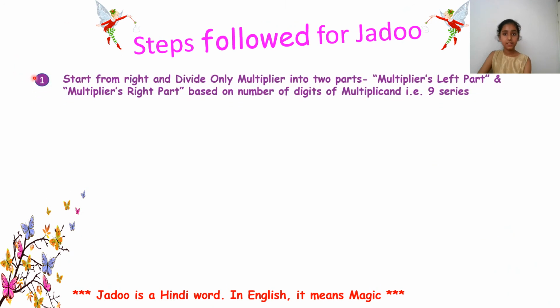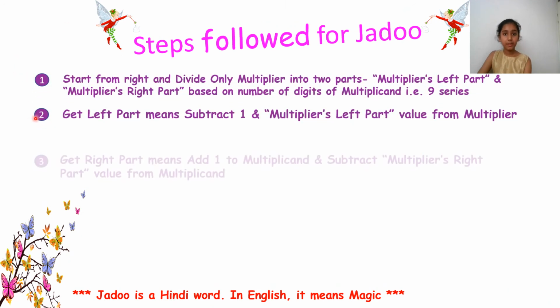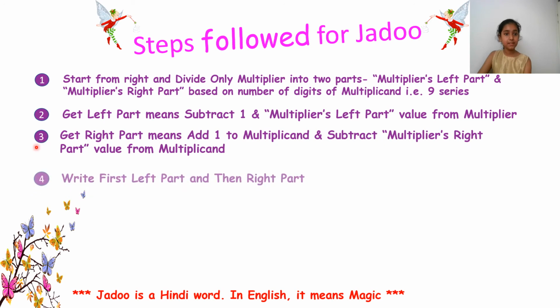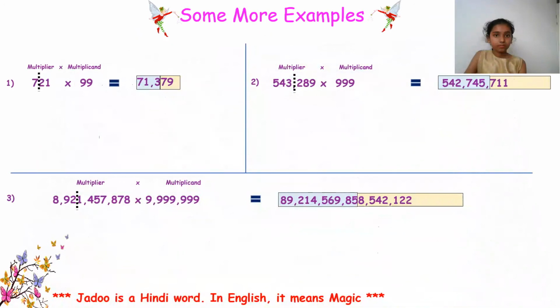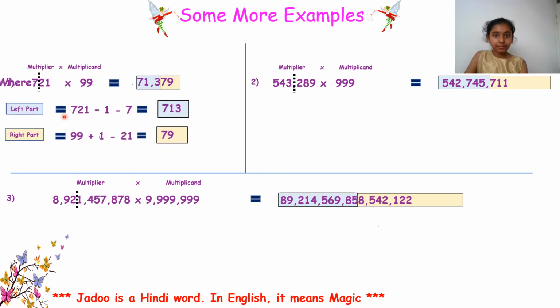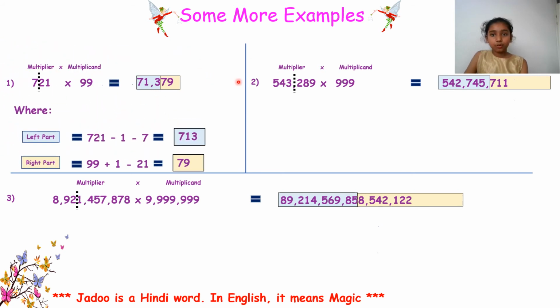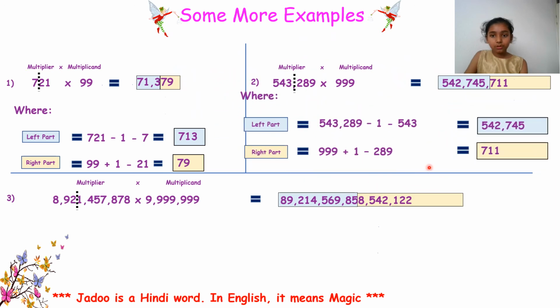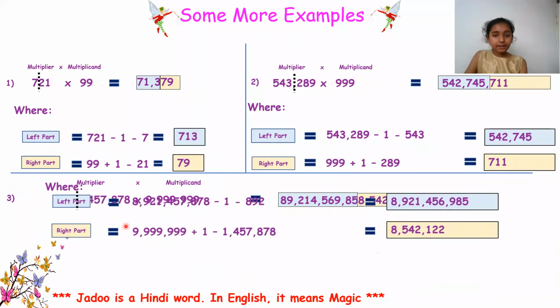Here I mentioned steps that we followed today. Please go through it. For better understanding, I've shown some more examples here, where left part and right part of question 1 are calculated as shown here. Same as for question 2 and question 3.